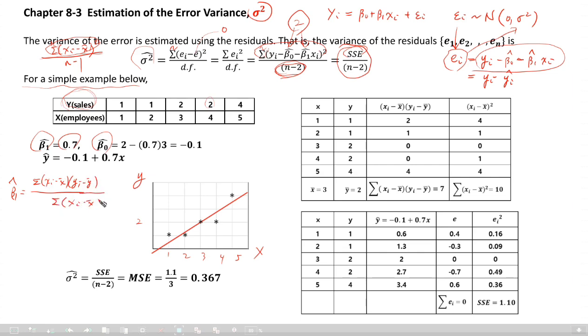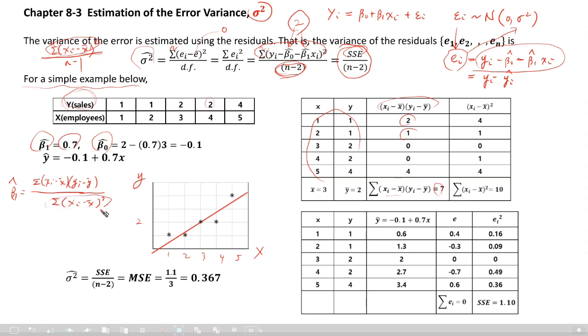Sum of xi minus x bar times yi minus y bar, over the sum of xi minus x bar squared. So here in this table, 1, 1, 2, 1, 3, 2, 4, 2, 5, 4, okay? Xi minus x bar, product, yi minus y bar. So minus 2 times 1 minus 2, that is 2. Something like that. So the sum of them will be 7.